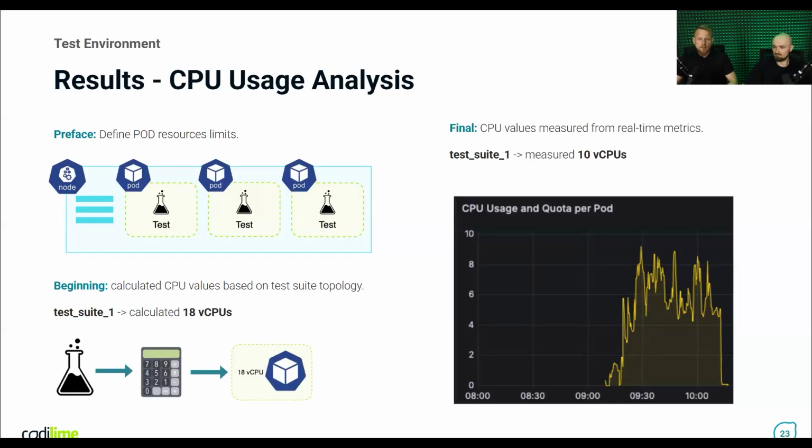This shows that our original estimates were too high, which led to inefficient resource usage. And by using real metrics instead of static assumptions, we can fit more workloads on the same infrastructure. This means observability helps us size environment correctly and avoid wasting CPU.